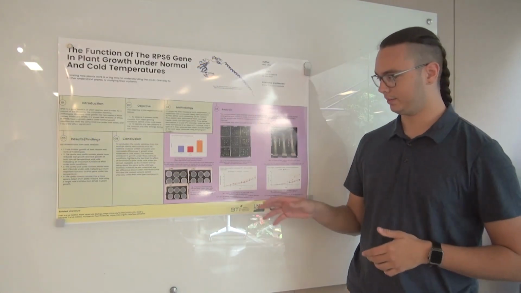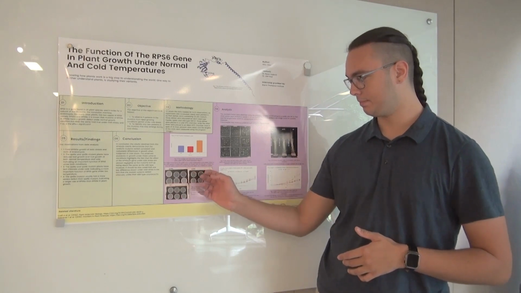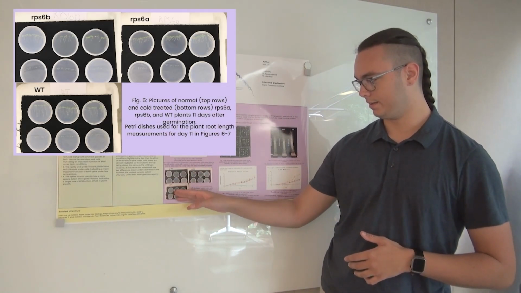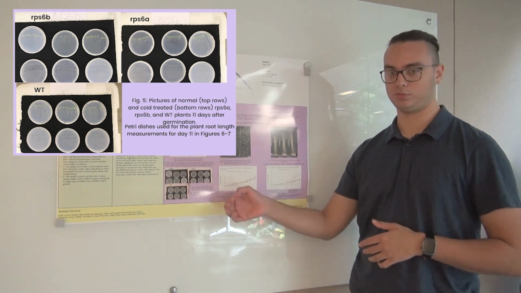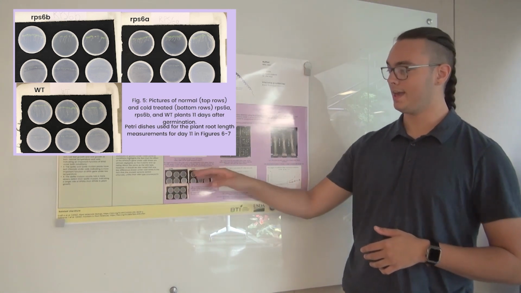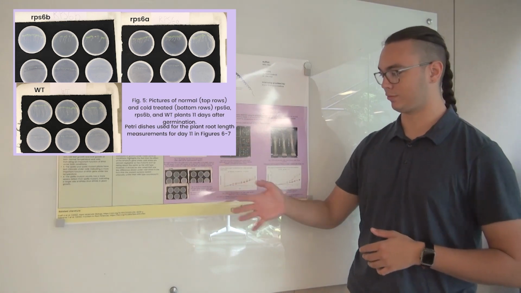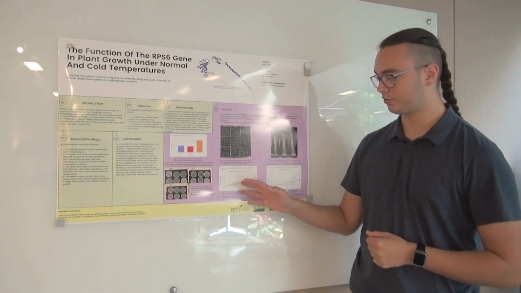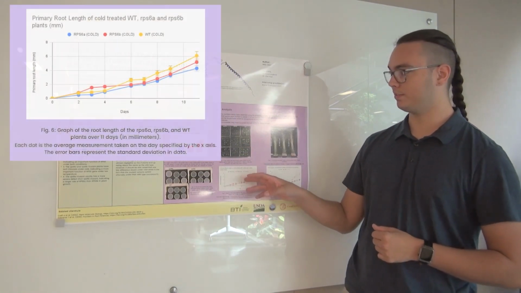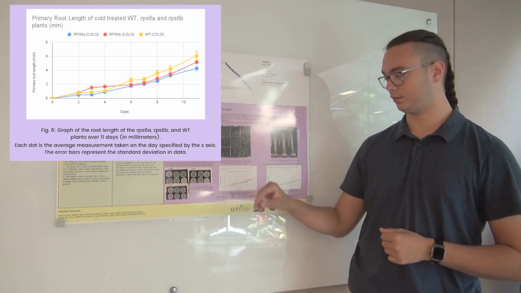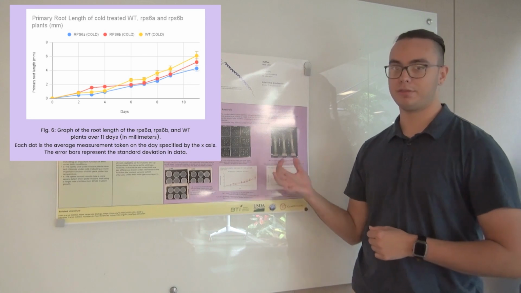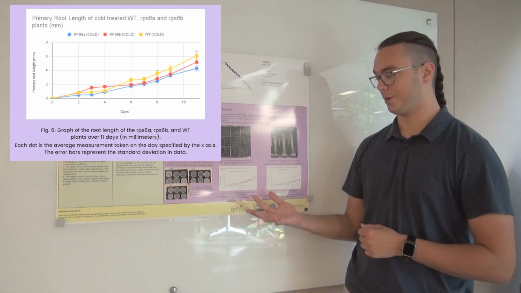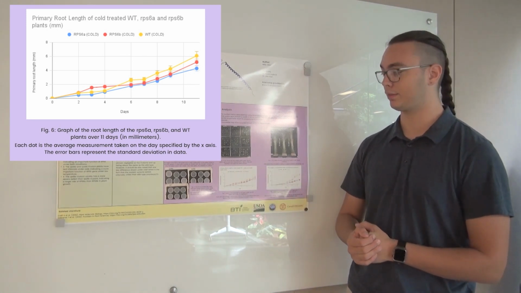You can see in the petri dishes, the wild type under normal conditions almost reaches the bottom of the plate, they're so long, and these ones are about only half the length. But if you go over to the cold stress, which was about 10 degrees Celsius for this experiment, they're so close together that with margins of error taken into account, they're essentially the same length.